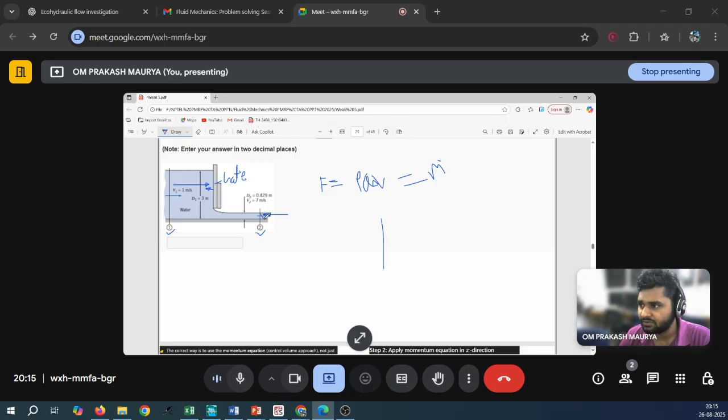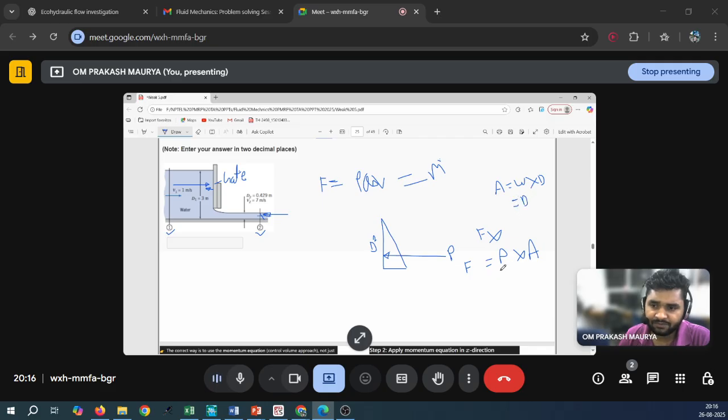If this is D2, it will act here, the pressure, and force is equal to pressure into area, P into A. And A you already know, width W into D, that is your depth. So W is 1, so only D will remain.